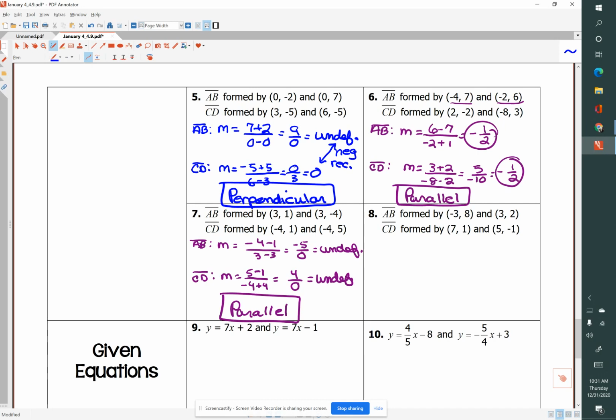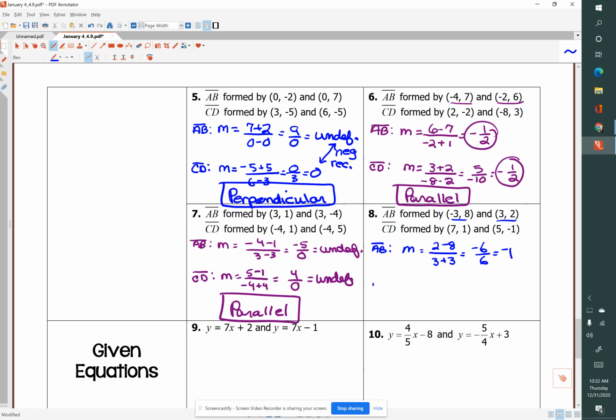And finally, let's look at number 8. So AB is formed by (-3, 8) and (3, 2). So that would be 2 minus 8 over 3 minus -3, which is 3 plus 3, which simplifies to -6 over 6, which equals -1. So we have a slope of -1.